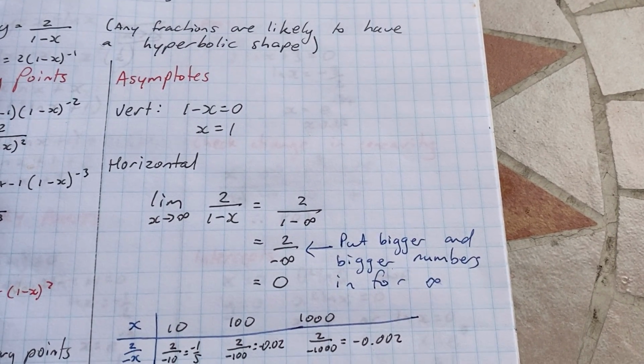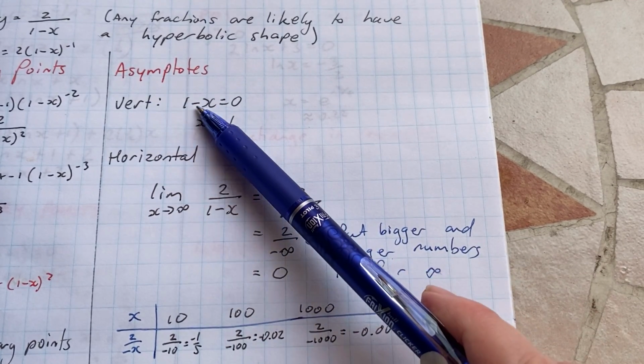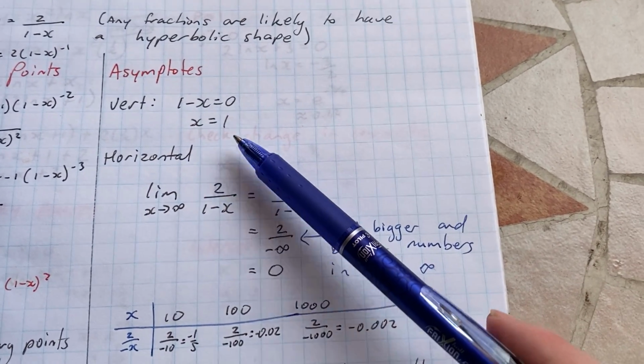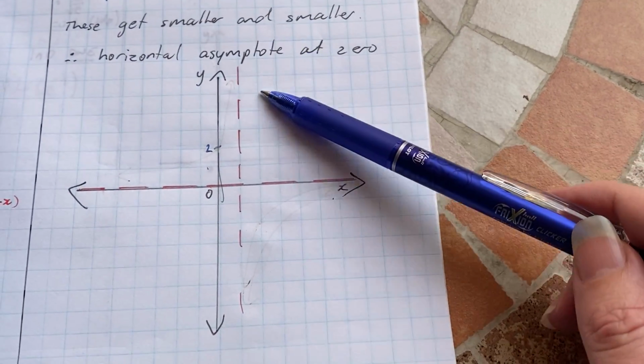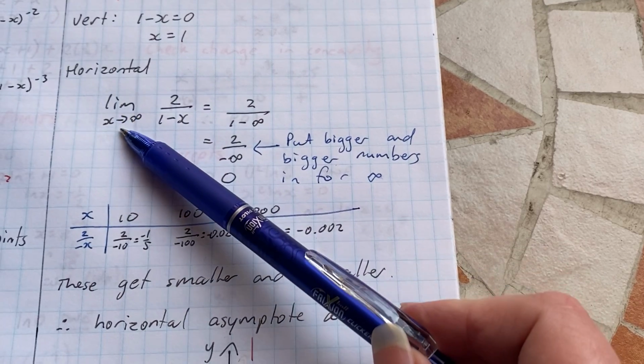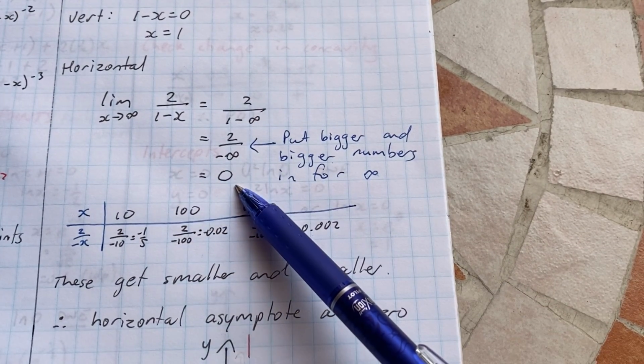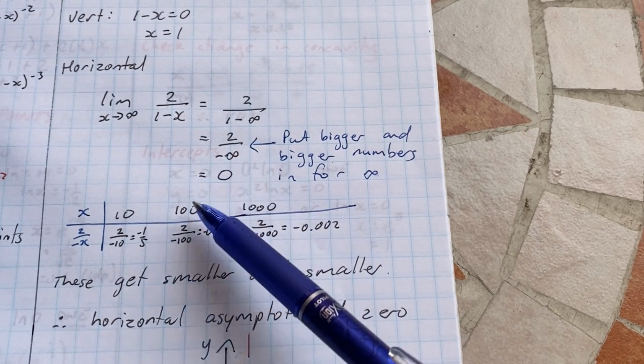Now, for the asymptotes, the vertical asymptotes are when the denominator equals 0, so that's at x equals 1. Now, I've already drawn that on at x equals 1. For a horizontal asymptote, we want to look what happens as x goes to infinity. Now that equals 0. Basically, just keep putting in bigger and bigger numbers.